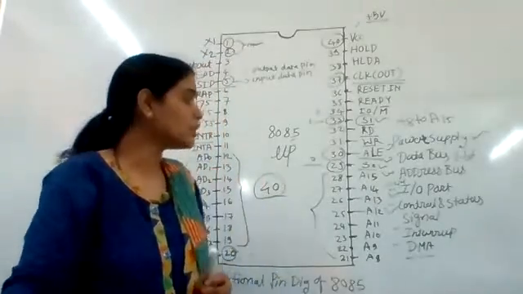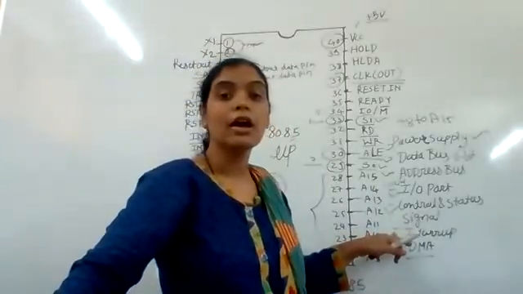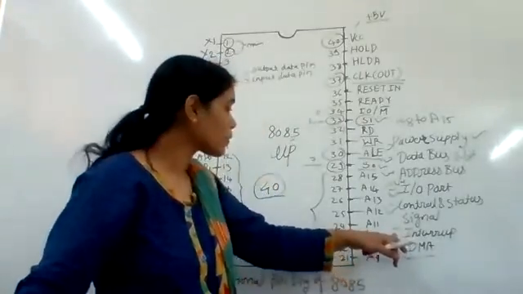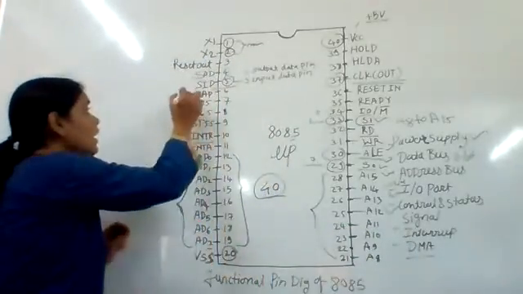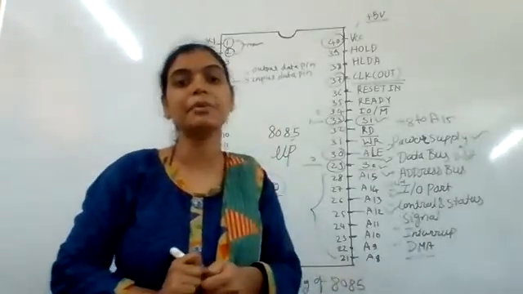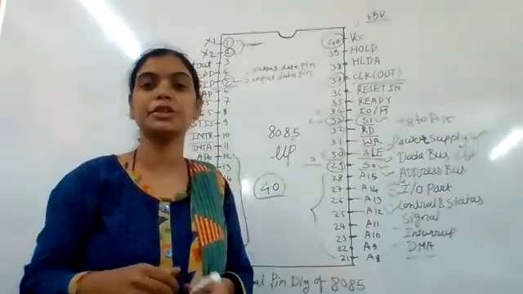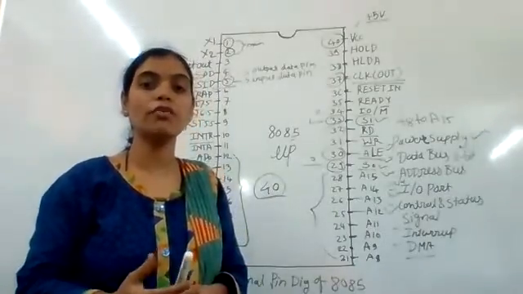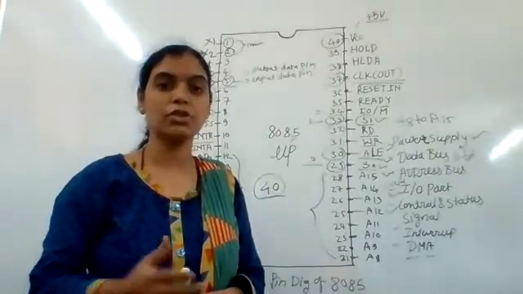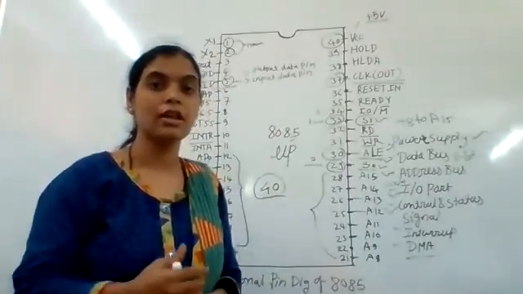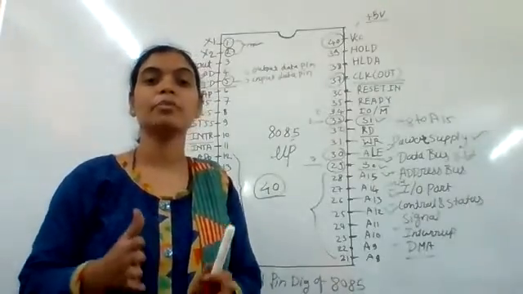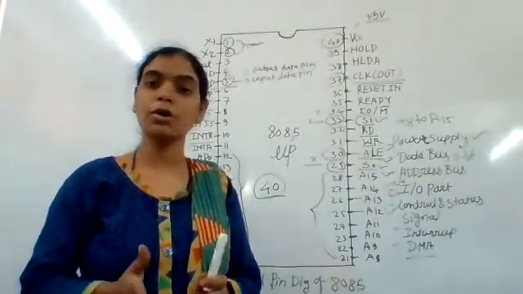Now, moving on to our next point, that is interrupt and externally generated signals. These are the interrupt lines. Interrupts are the signals that are generated to break or stop the sequence of an ongoing program or operation.